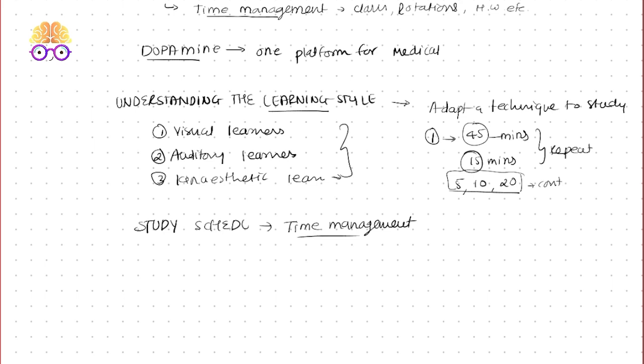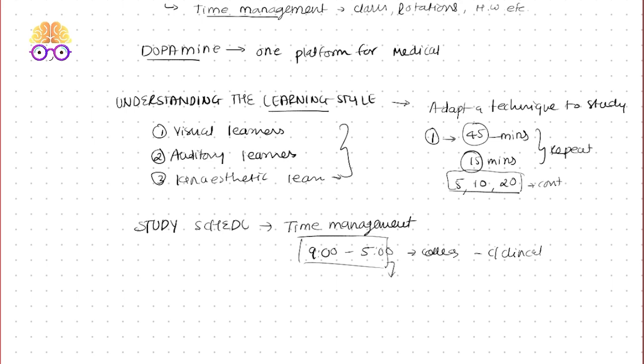So what we can do is, for example, we have college from 9 to, let's say, evening 5. We attend various classes, lectures, and clinical rotations. All this happens in this time, so in this time you need not plan your study schedule.